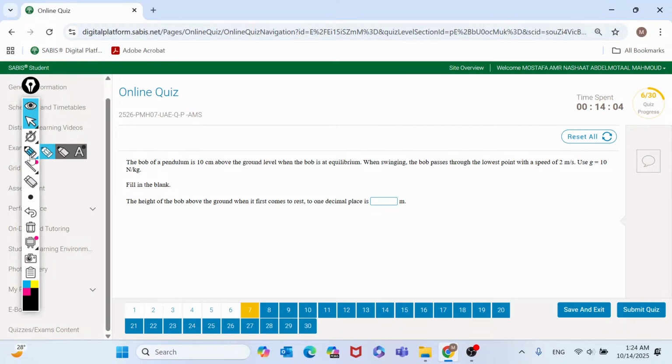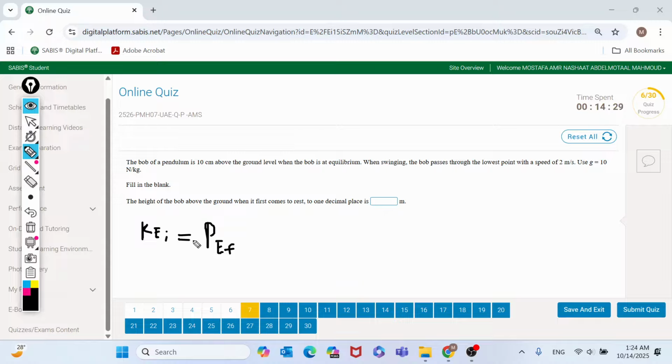Okay guys, this question is a bit hard, but it's okay, just focus. So again, we said kinetic energy initial is equal to potential energy final. It doesn't matter which one is final and which is initial, but here we're just going to use it like this.